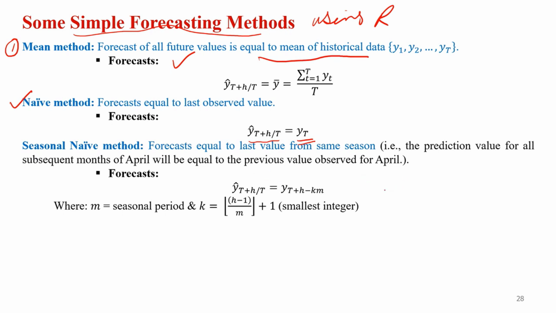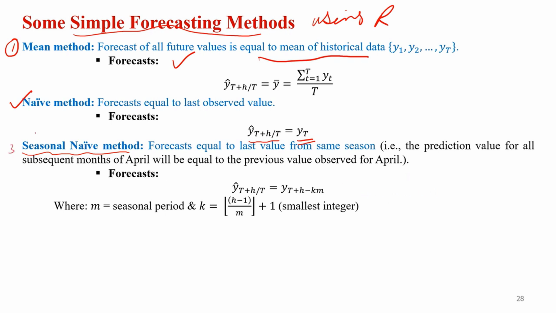For example, if we are calculating monthly forecasts and apply the seasonal naive method, then whatever the values in the last 12 months are, those are going to be the forecasted values for the next year.